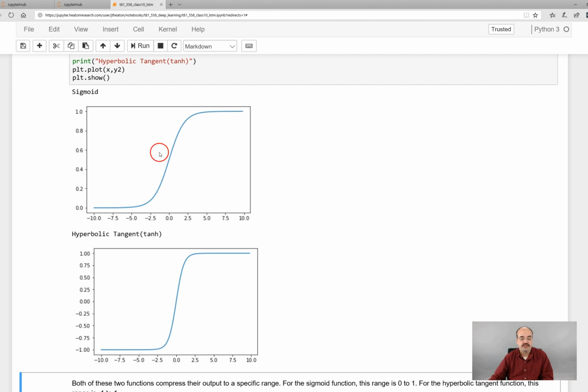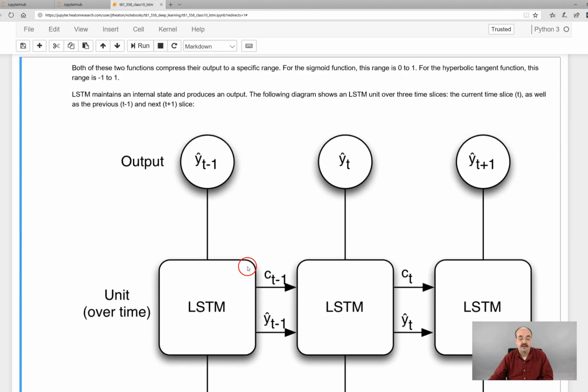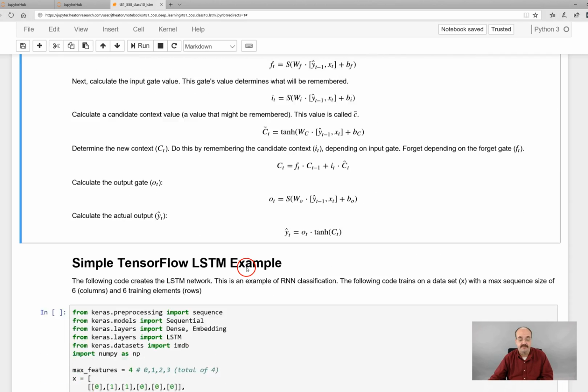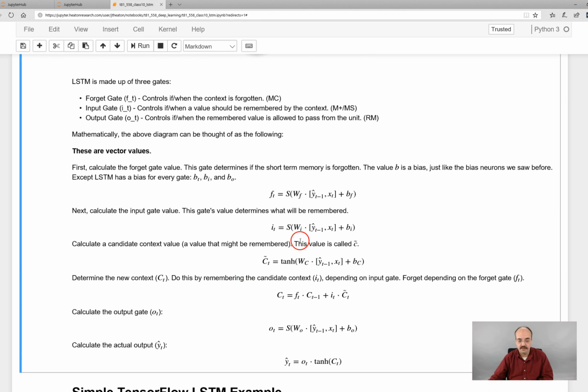Machine learning researchers just like the shape of these more so. It's just another type of step function. But notice that the range is now -1 to 1, so it's got a bigger range. And sometimes we need these negative values, and we'll see when we go through these equations that we do need those negative values. So let's go through the equations.